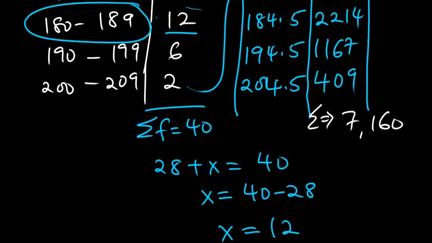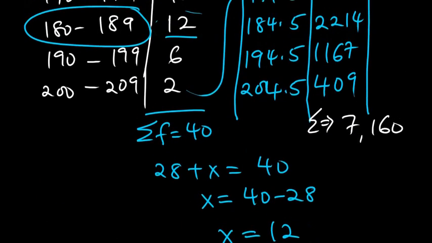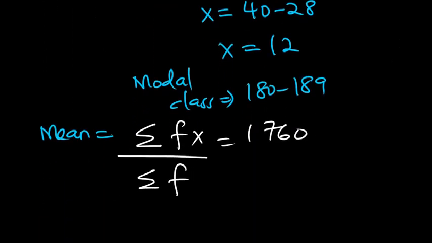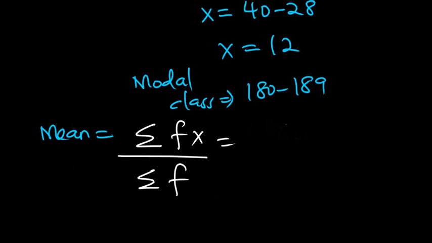7,160. So we have the summation of fx, so it's 7,160, and then we divide by the summation of f, which is 40.